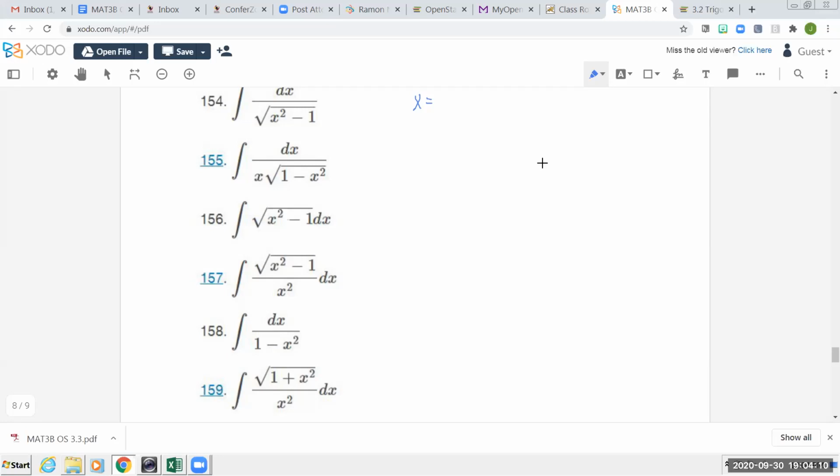Would the first one be using the secant to substitute? Yep, exactly.